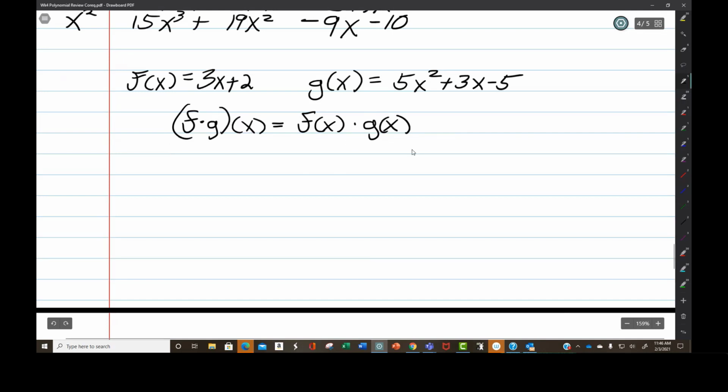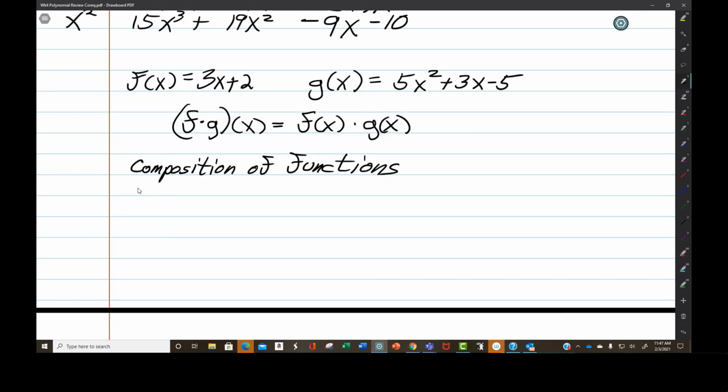We're going to be doing something new to you, perhaps. I think we did it a little bit earlier. Maybe not. We're going to be composing, which is also called composition of functions. And we're going to be finding inverses of functions.